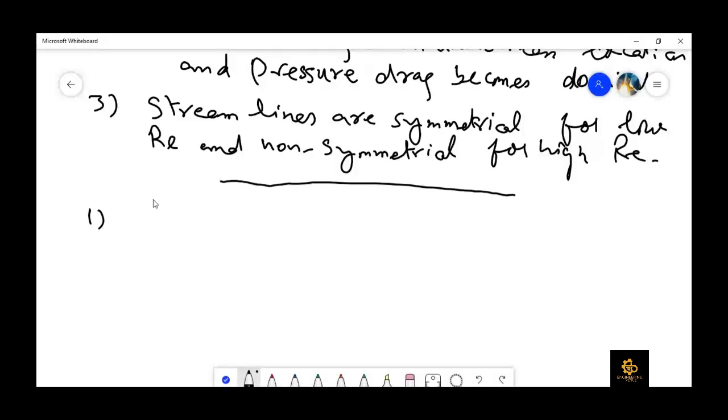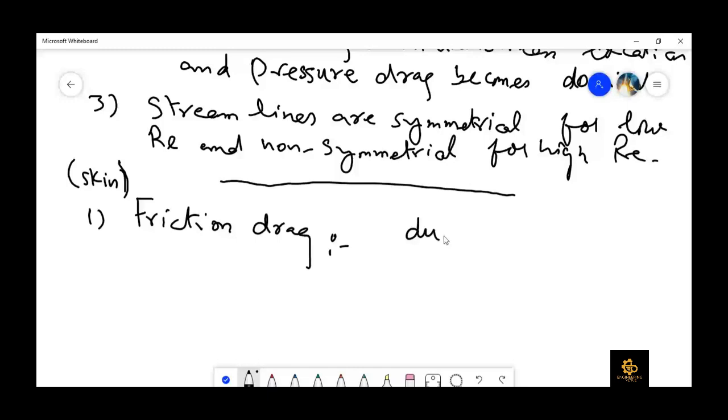One is friction drag, and we also call it skin friction drag, because it happens on the surface of that body. And skin friction drag is due to the shear stress acting on the surface, right?